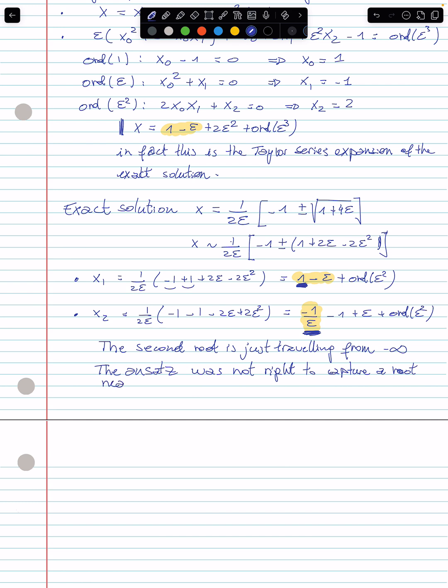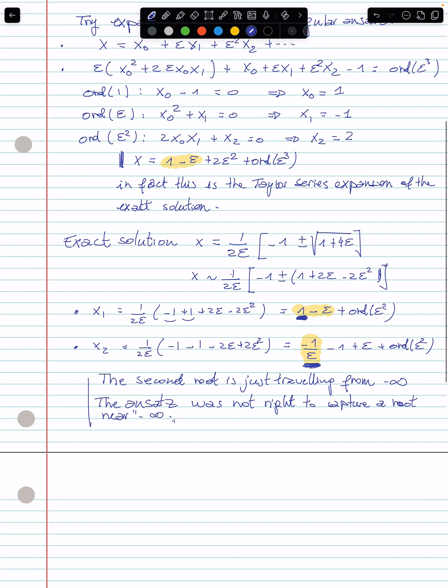Let me write it like this. Any mathematician teaching calculus would be frustrated to hear me say that a root could be near minus infinity. But as long as we understand each other, we are fine. So why isn't it the case?